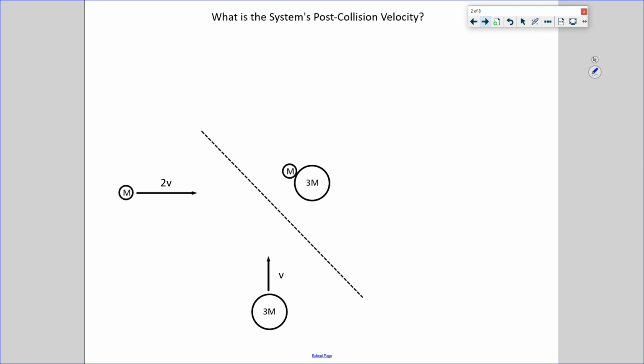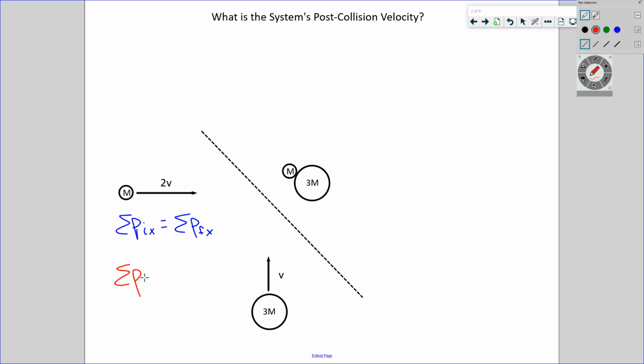In a case like this, post-collision velocity is another way of saying what's the center of mass's velocity. In a two-dimensional case like this, the way I would handle this is I would say there's always the same amount of momentum in each of two coordinate directions. So the net initial x momentum is 2mv.